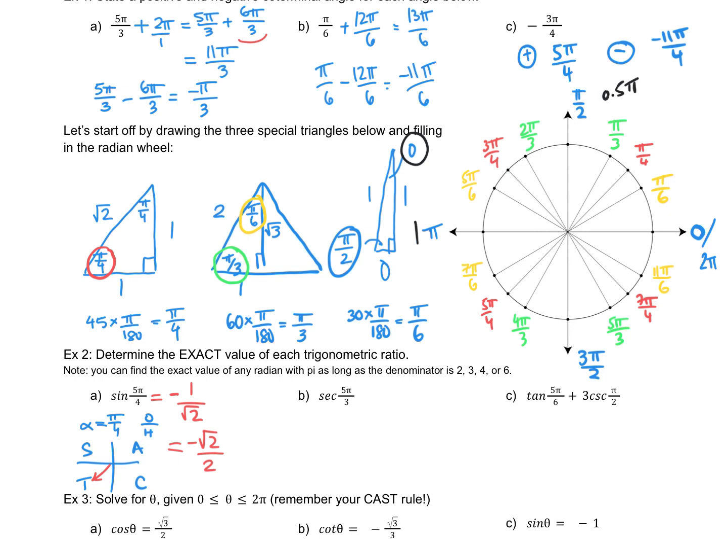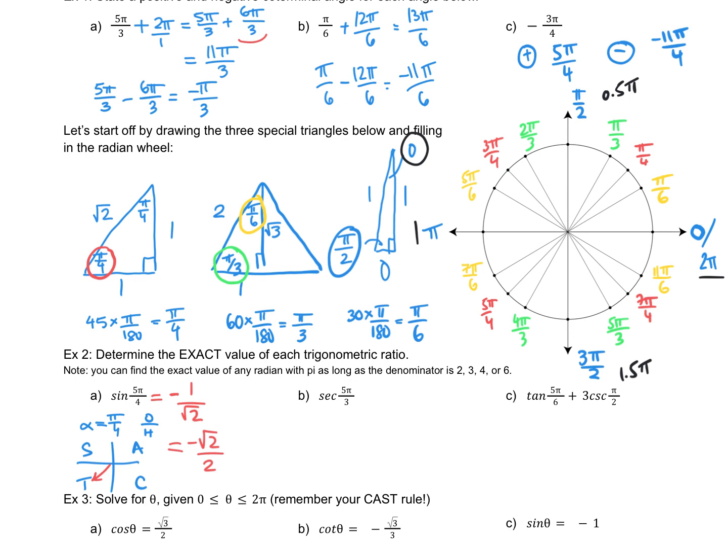This is 1 pi, this is 1.5 pi, and then we get back to 2 pi. When you get your angle 5 pi over 4, take 5 over 4, and if you're not comfortable with the fraction, think of it as a decimal. Go to your calculator, 5 divided by 4, it's 1.25.